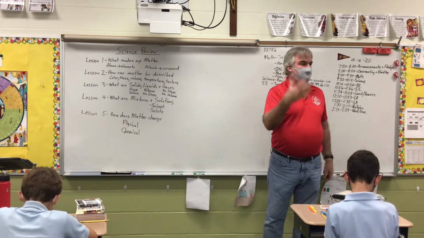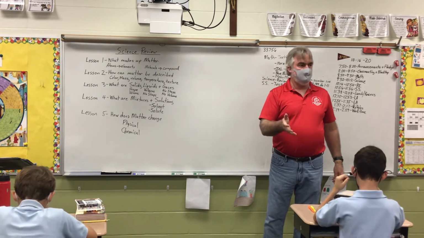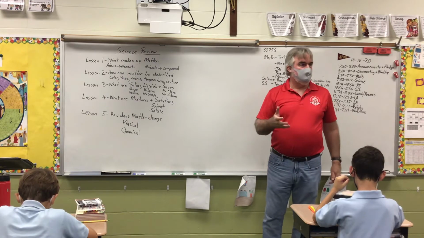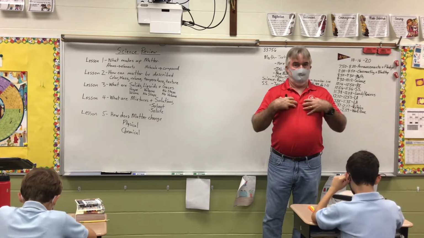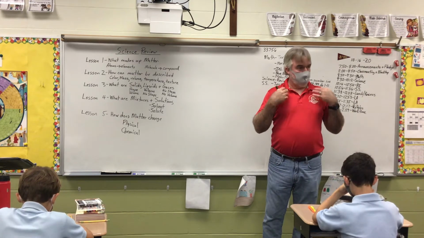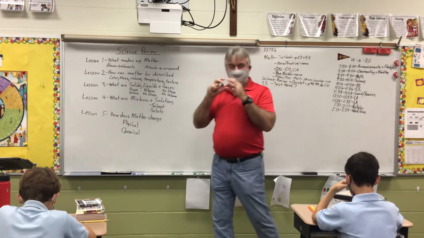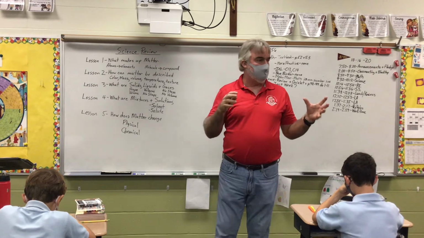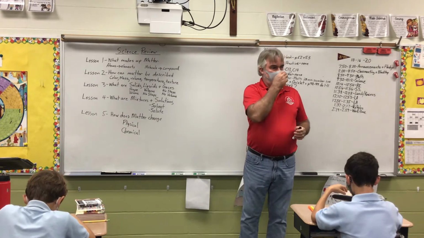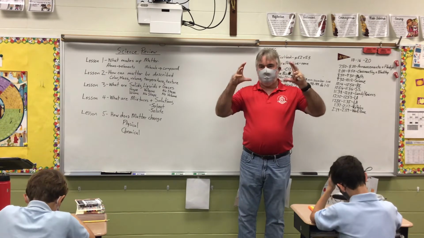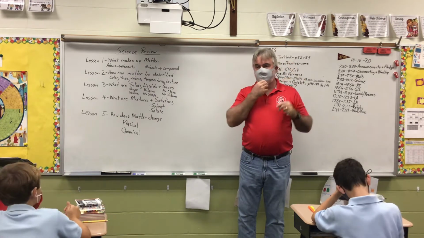Gases have no definite shape, no definite volume. They're gonna take the shape of whatever they're in. It takes the shape of our lungs when it's in our lungs. It takes the shape of a balloon when you blow up the balloon, depending on what the balloon looks like. If the balloon is a big round one, it's gonna take that shape.